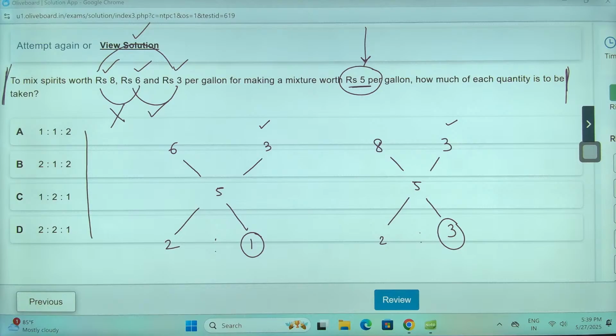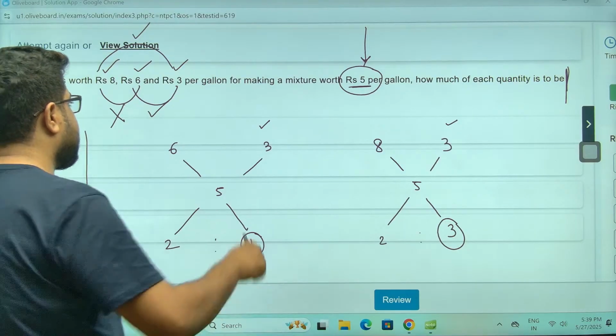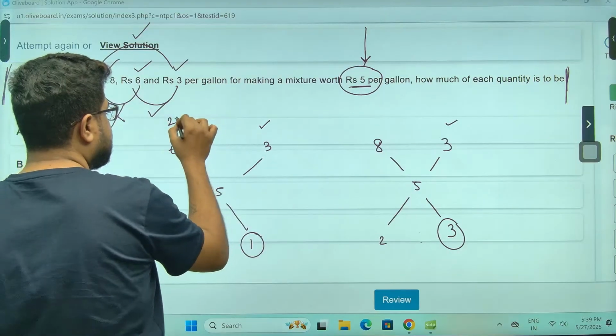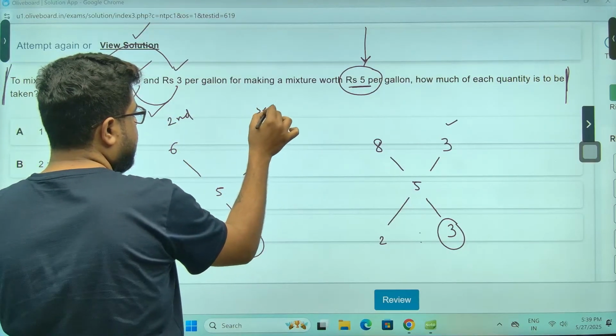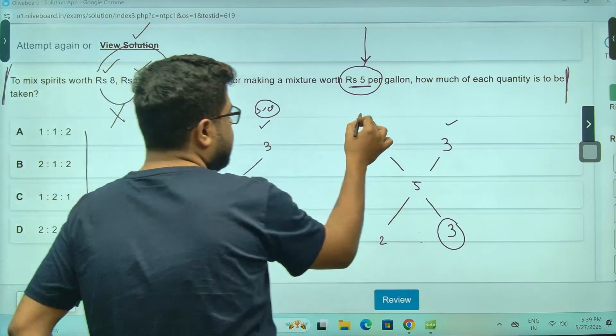Wait sir. 6 and 5, 1. 3 and 5, 2. 8 and 3 I've taken. 5 is in between. This is second and third. Second and third. This is first and third, sir.